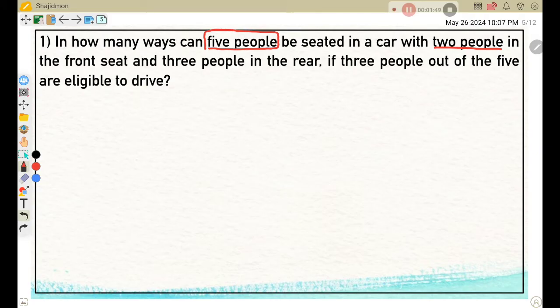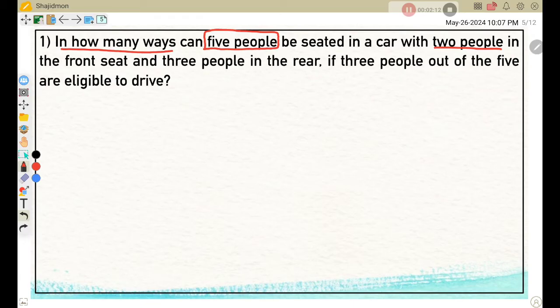So in how many ways, we need to calculate the number of ways 5 people can be seated in a car. We have 5 seats in a car, 2 people in the front seats, including the driver, 2 seats in the front and 3 in the rear. But there is a condition, 3 people out of 5.